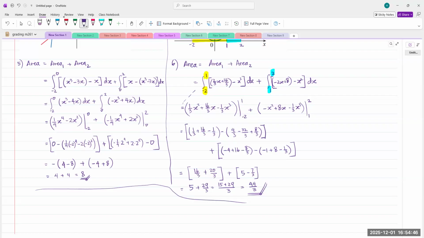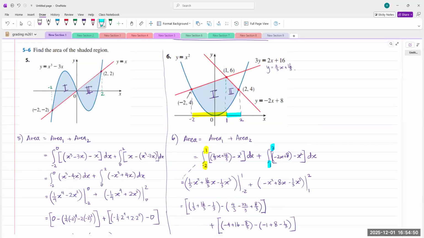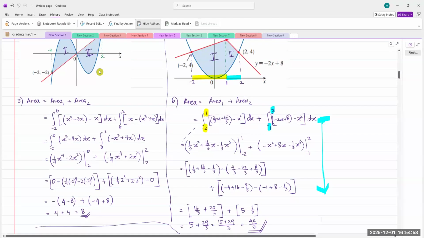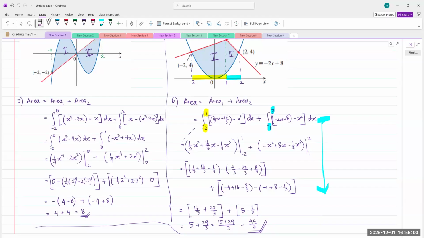Okay, I honestly don't worry too much about this part. Once you're done with the setup, everything after that is just computation. What I'm afraid of is you set it up incorrectly. Once you set it up wrong, everything you do after that will be pretty much a waste of time.